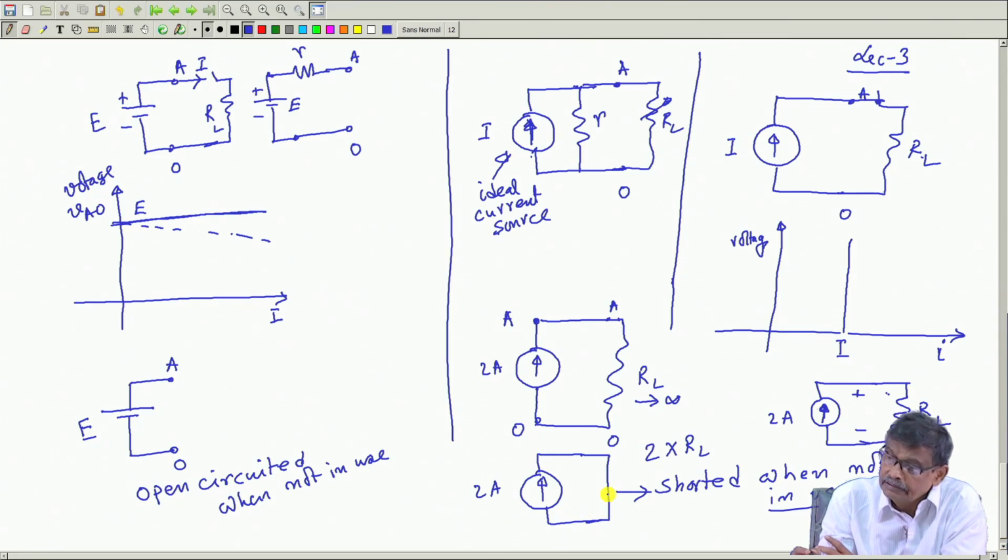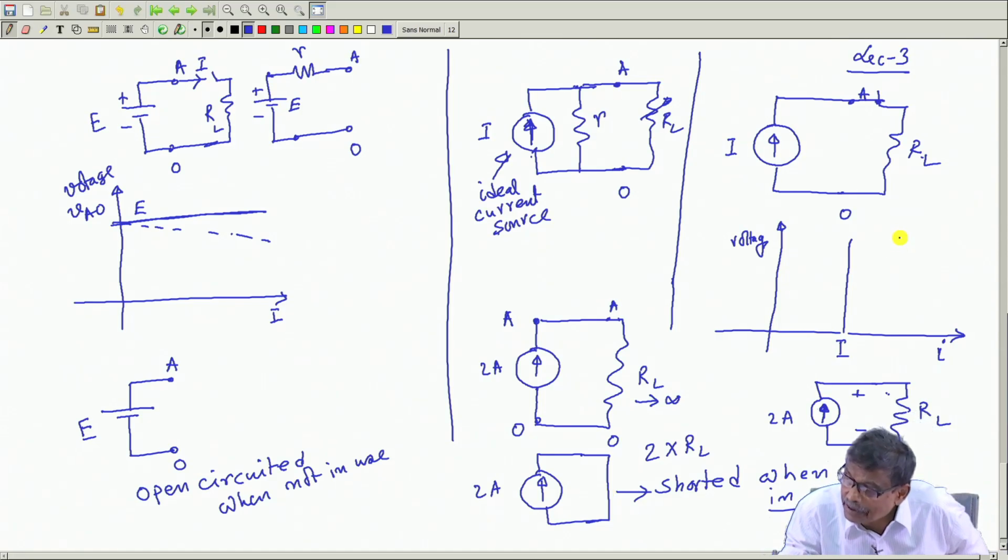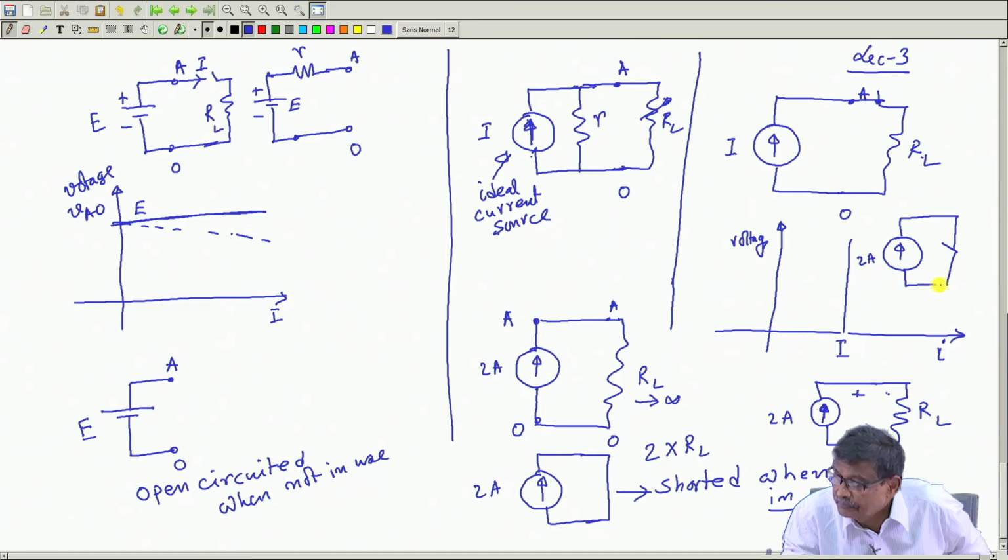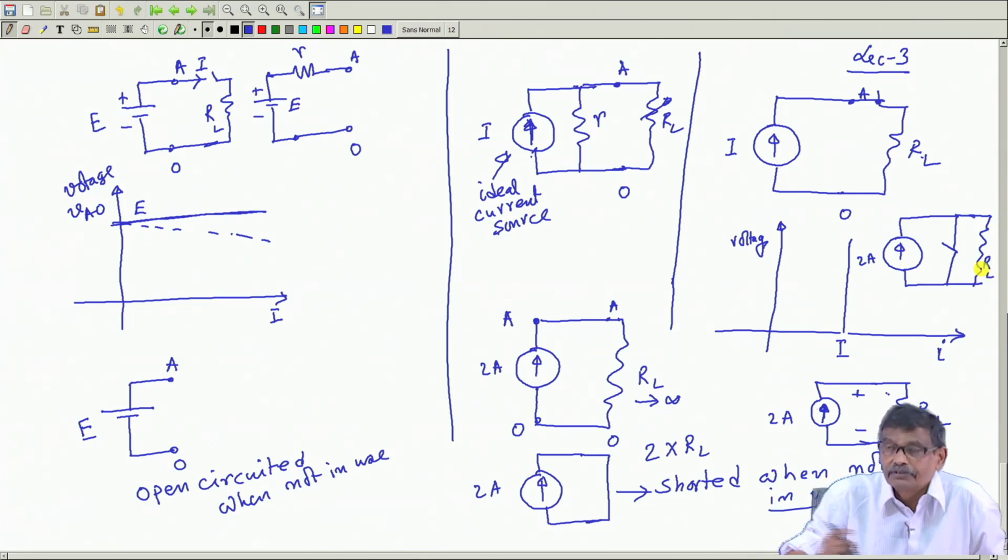Okay. Therefore, to use a current source, a practical circuit will be like this, 2 ampere, suppose current source. Your switch should be parallel across the load resistance RL, ideal current source.